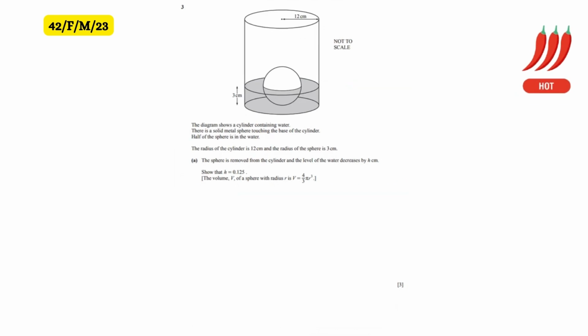Since half of the sphere is in the water, that means we need to find half of the volume of the sphere. So volume of hemisphere basically. That is going to be 2 over 3 pi r cubed, so 3 cubed, which equals 56.55.